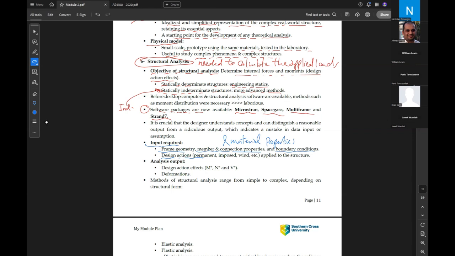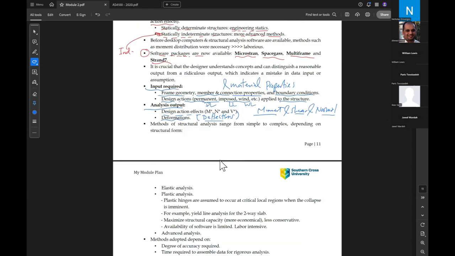Also what we need is the design actions like dead load, live load, and wind load applied to the structure. The output will be the design action effects like moment, shear, and normal or axial forces. All these are outputs of the software, and also the deformation, which is mainly deflections.